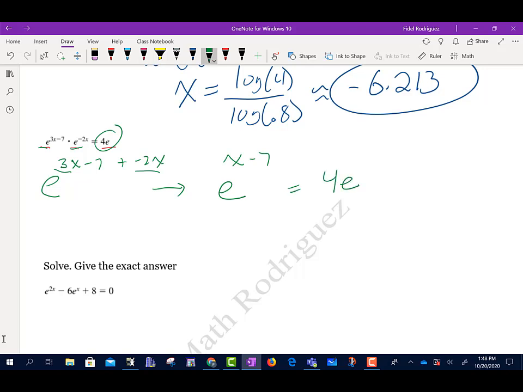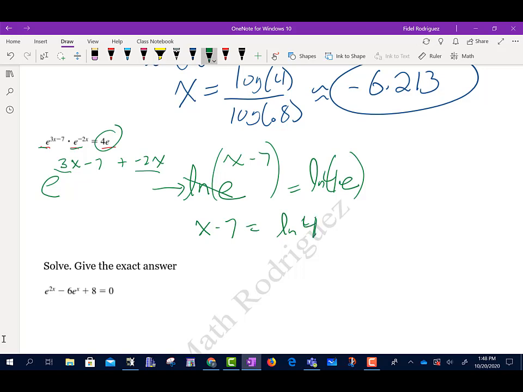Now, since I am dealing with e, I'm going to go ahead and take the natural logarithm on both sides. Okay. So when we take the natural logarithm, the natural log and e are going to cancel each other out. So what's going to happen? This x minus 7 is going to drop down. Now, what else do we have over here? There's another rule that says when you're multiplying two things on the inside, you can separate them by adding.